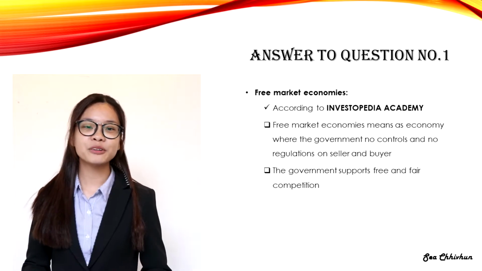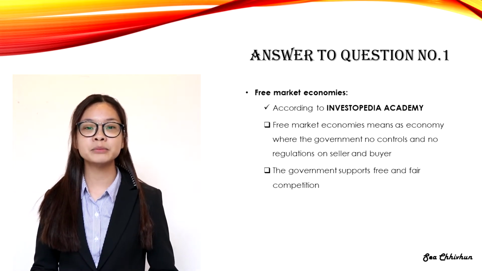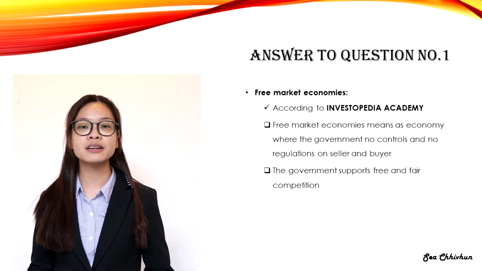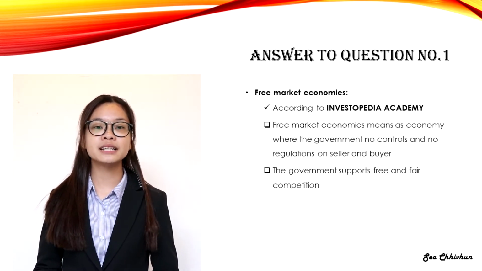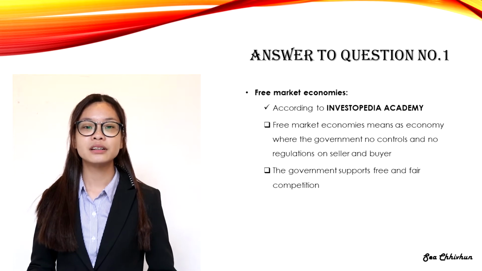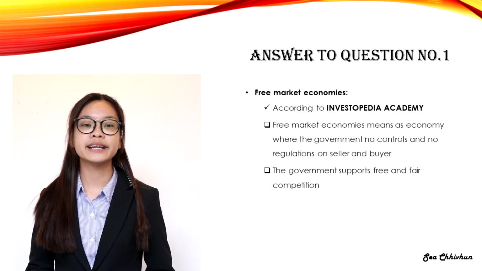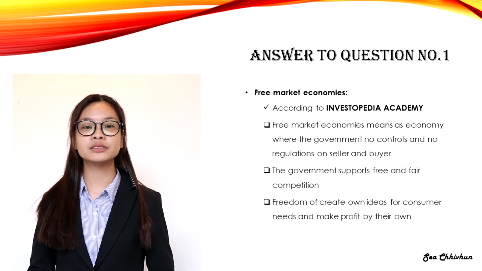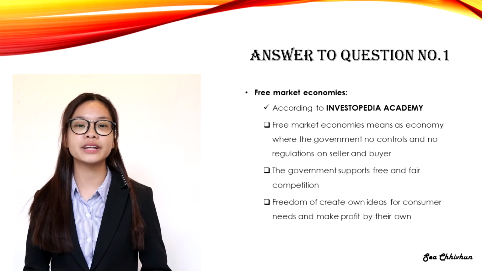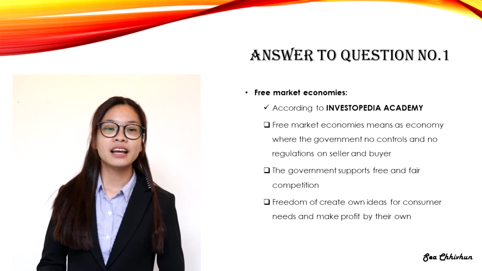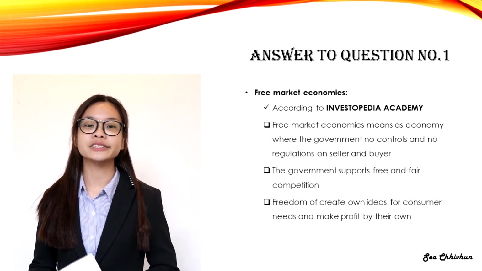The government supports free and fair competition between private producers. Private ownership ensures that entrepreneurs have a right to the profit made by their own effort and can lead more individuals to innovate, with the freedom to create new ideas and new products for consumers.